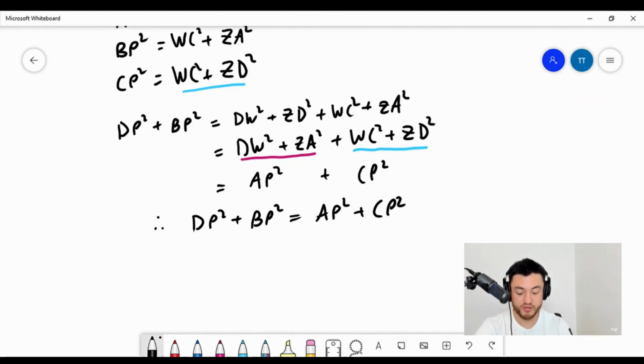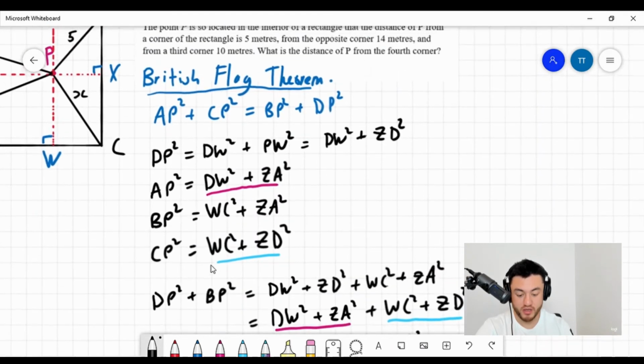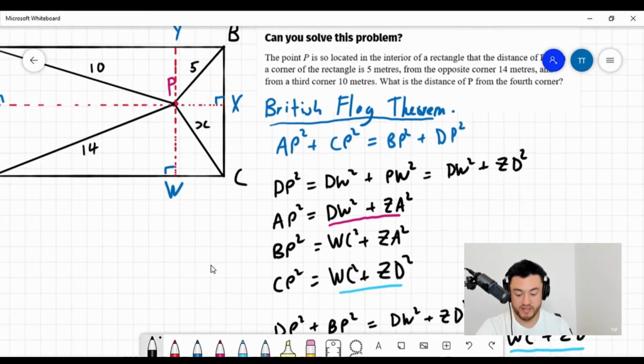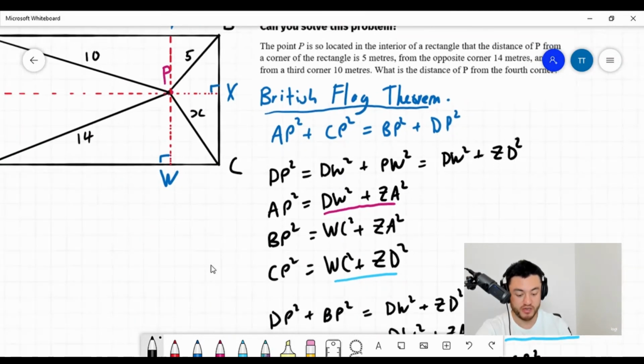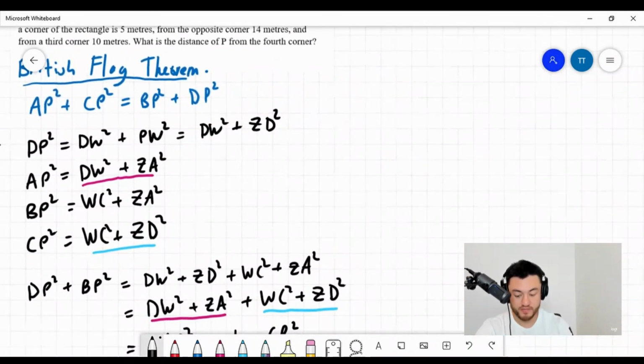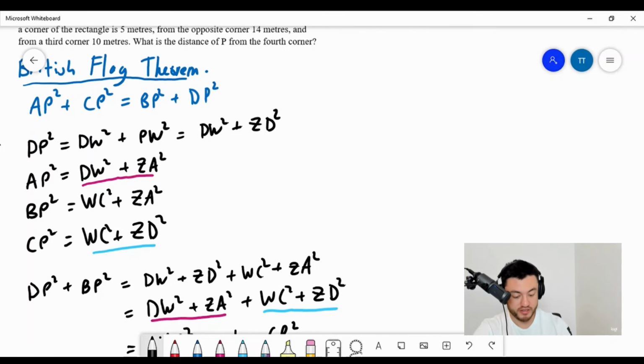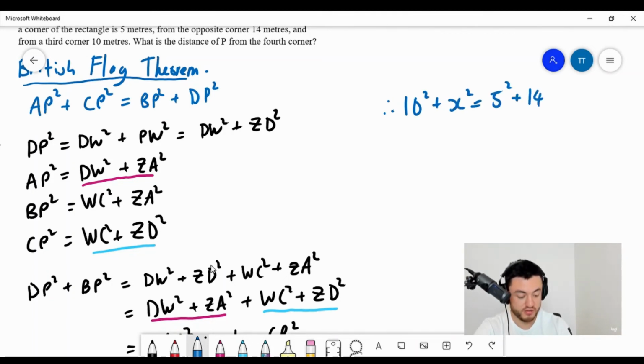Okay, and it's called the British flag theorem. All right, so now all we have left to do is substitute our numbers in and we can solve that simple equation for x. So we're going to have 10 squared plus x squared is equal to 5 squared plus 14 squared.